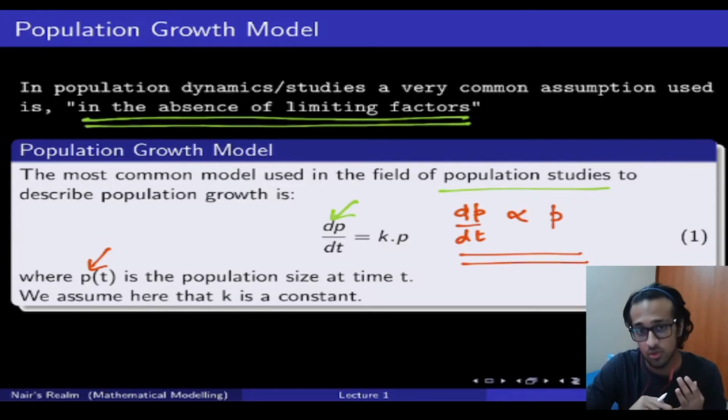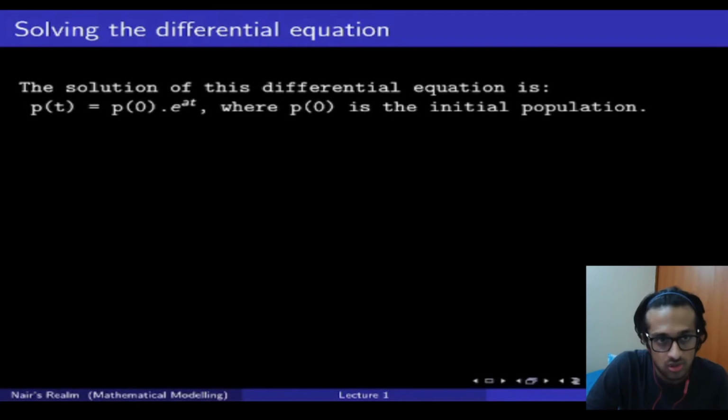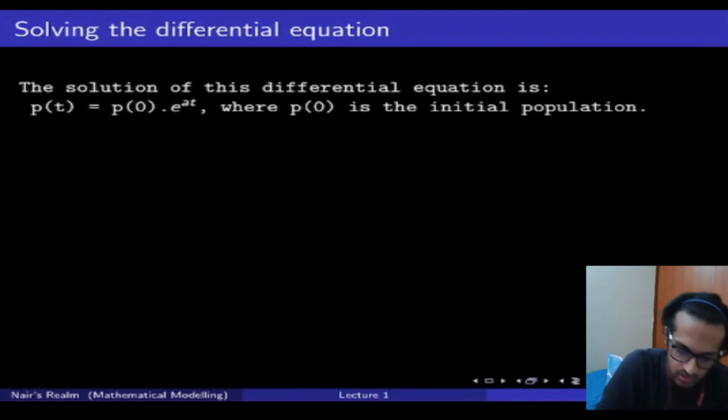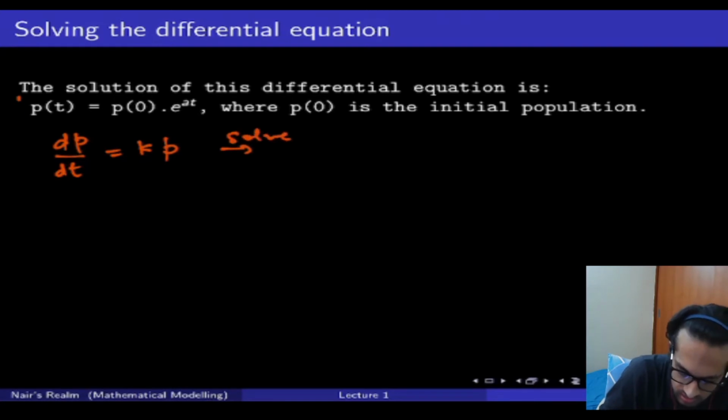The next thing to do is to solve the mathematical model. To do that, we are going to solve this differential equation. I had dP/dt equal to k times P. When I solve it, this is what I get.